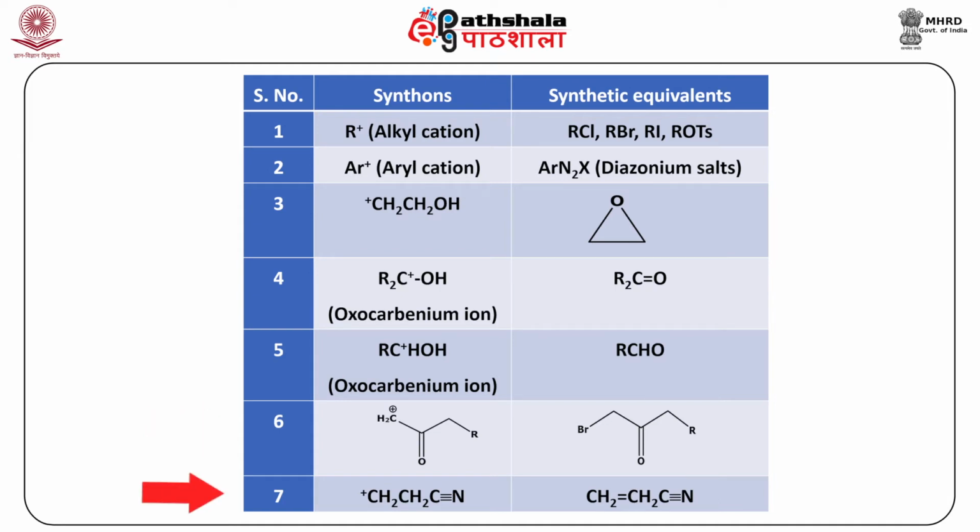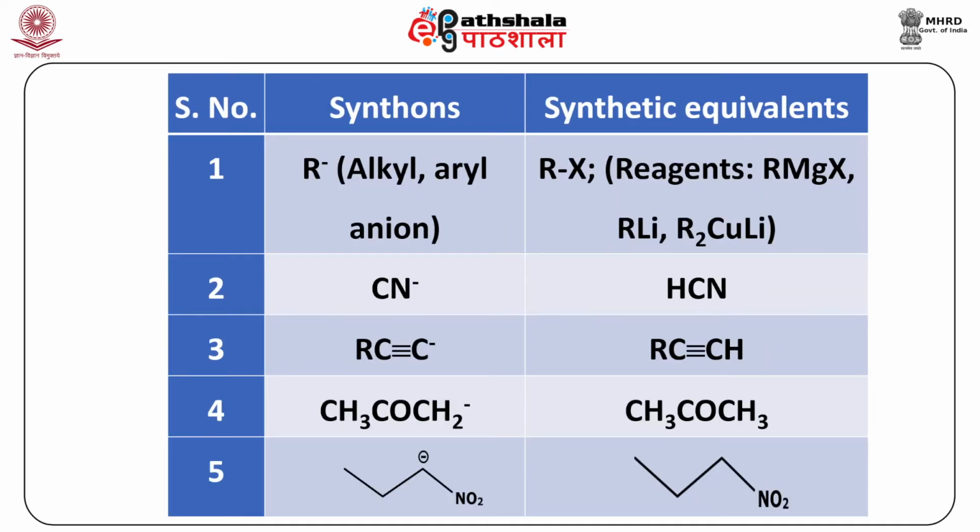Then looking at the next case where you have a nitrile, and with respect to the nitrile at the beta position you have a positive charge on the carbon, then putting a double bond here in conjugation with the nitrile, because of the mesomeric shifting there will be a positive charge coming at this required position. So, you have to keep in mind which synthetic equivalent you have to take, so that you get the corresponding positive or negative charge at that very particular carbon.